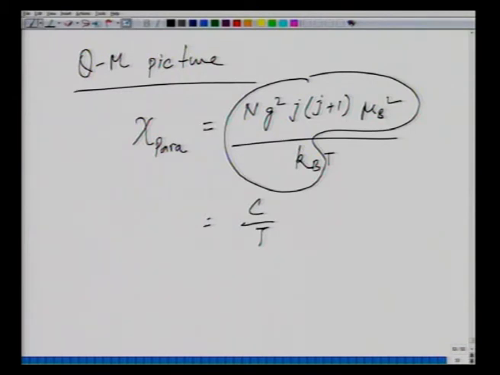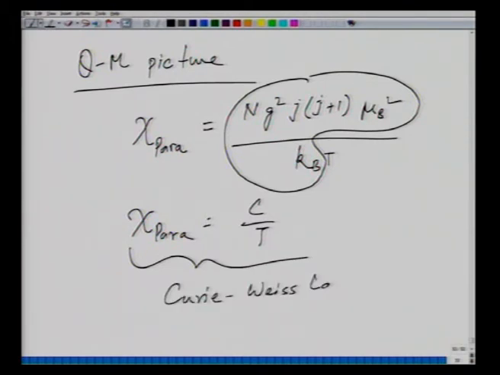Now, this behavior is called the Curie-Weiss law. So just like ferroelectric or dielectric materials, you have this Curie-Weiss behavior for these paramagnetic materials.